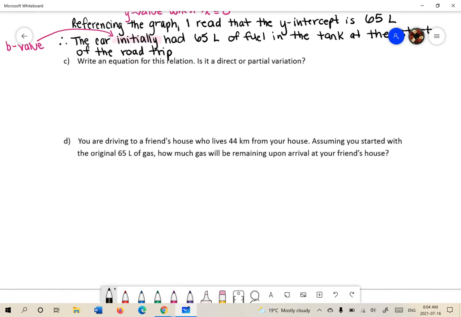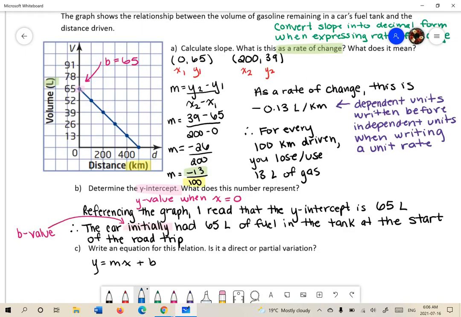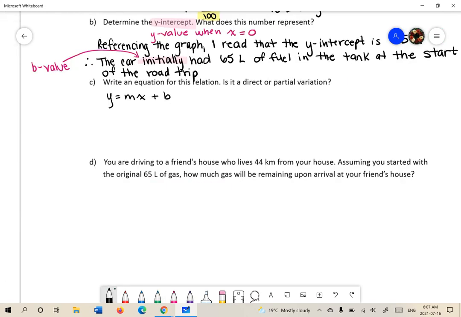Now we're going to create an equation. Referencing my graph again, I want to make note that instead of y and x, they've already given us two variables that they're using. So instead of y, I'm going to use capital V, and instead of x, I'm going to use lowercase d for variables. So my equation is going to be in the form V is equal to md plus b.